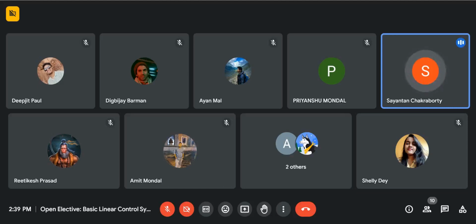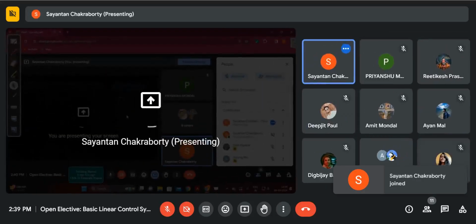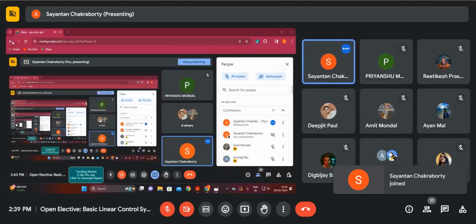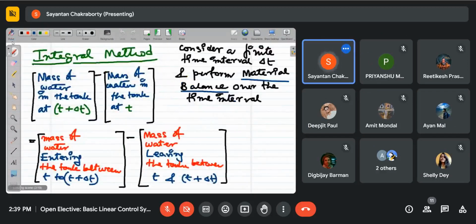If we start from the last lecture that we had, let me share the screen. So we started with some modeling of the basic system like the liquid charge tank system, and then we followed two approaches.